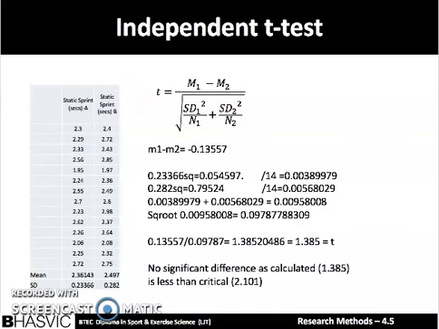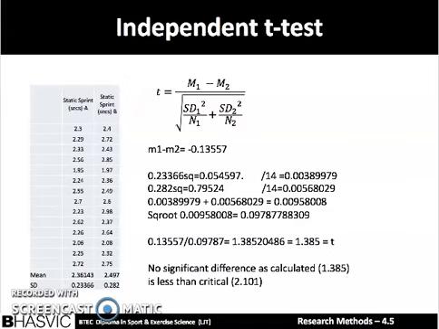Putting that into the calculation, you've got 0.23366, the first standard deviation, and you square that to get 0.054597. You then divide that by 14, as it was standard deviation 1 squared divided by N1, which gives you 0.00389979. Working with long numbers, but just to show you how to work through it fully.